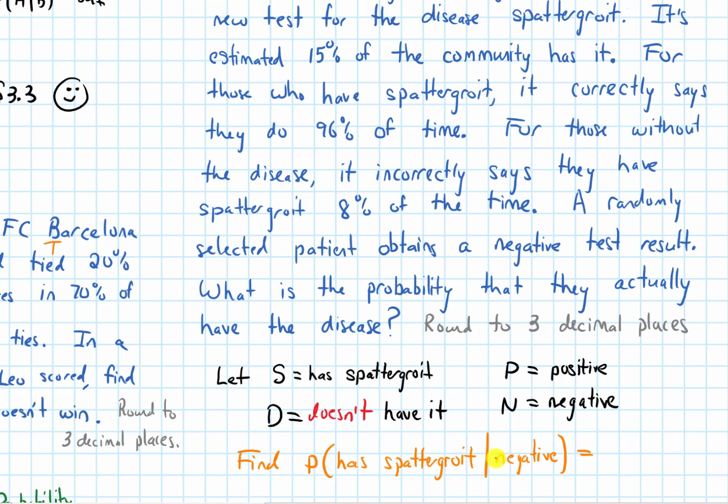So the negative test result means this test thinks that they don't have the disease. So we are trying to find the probability that they actually do have the disease, even though the test says that they don't. In other words, we're trying to find the probability that the test was wrong here. Okay, so the probability using my letters has Spattergroit is S and negative is N. So we want the probability of S given that N occurs.